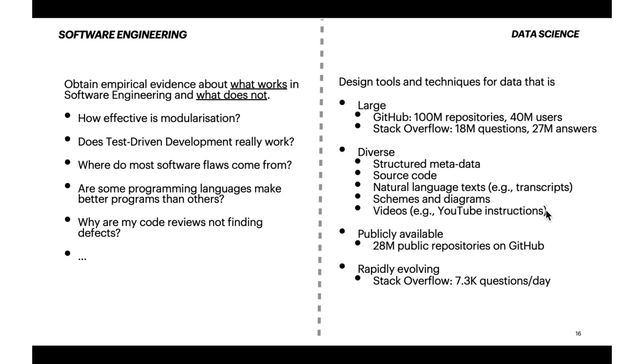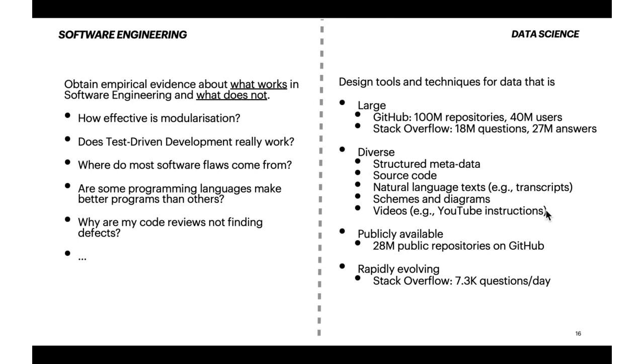This data is highly diverse. Independently of which data source you take, you will sooner or later find structured elements such as metadata: who performed a commit, when the commit was performed, and so on. But you also have source code, whether it's an example on Stack Overflow or an entire project on GitHub. You typically have natural language texts, which can be, for instance, code review discussions, questions on Stack Overflow, but also interviews, or actually transcripts of interviews if you are interviewing a software developer.